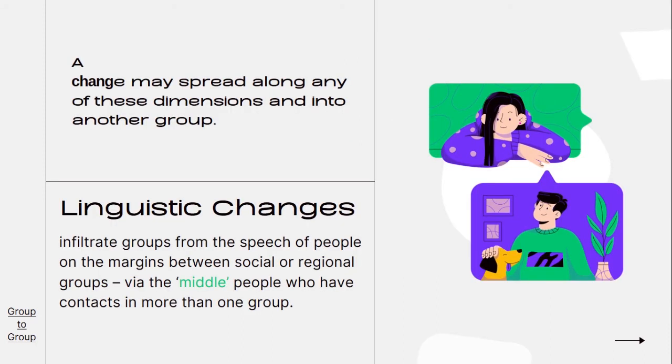In other words, a change may spread along any of these dimensions and into another group. Linguistic change infiltrates groups from the speech of people on the margins between social or regional groups, via the middle people who have contacts in more than one group. In this case, a teacher is a person who has many contacts from different social groups.